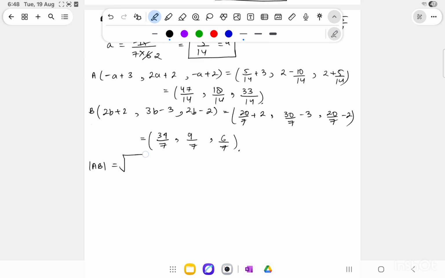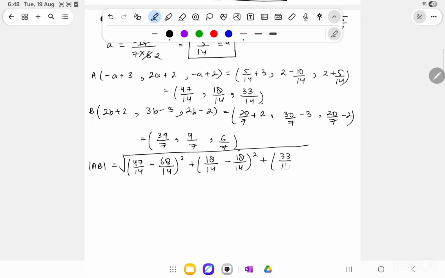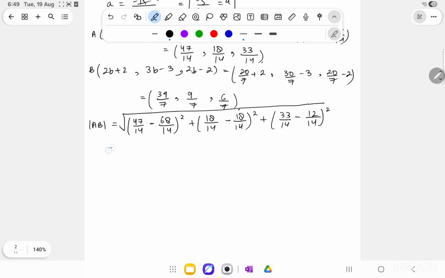I can calculate it using the distance formula since I have the coordinates of both A and B. So my shortest distance will be 47 by 14 minus, I can write 34 by 7 as 68 by 14, square, plus 18 by 14 minus 18 by 14 square, plus 33 by 14 minus 12 by 14 square. If I simplify it, I'll get 47 minus 21 by 14 square.